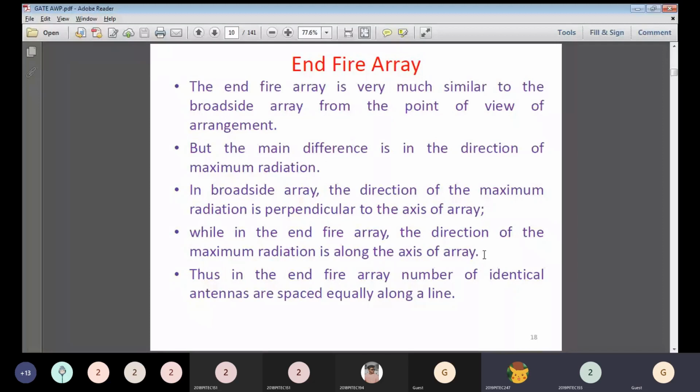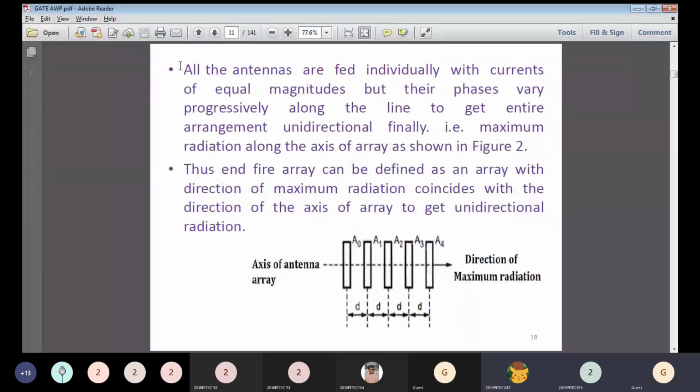These are the main differences between broadside and end-fire array. In end-fire, all the antennas are fed with currents of equal magnitudes, but their phases vary progressively along the line to get the entire arrangement unidirectional finally, that is, maximum radiation along the axis of the array.